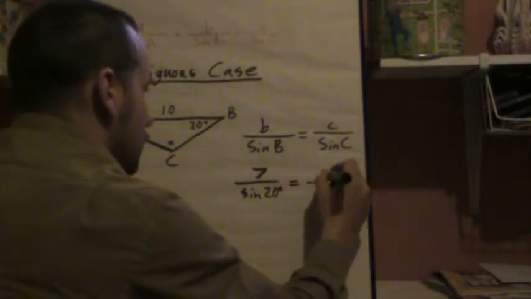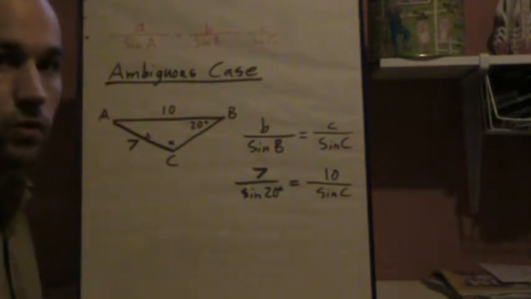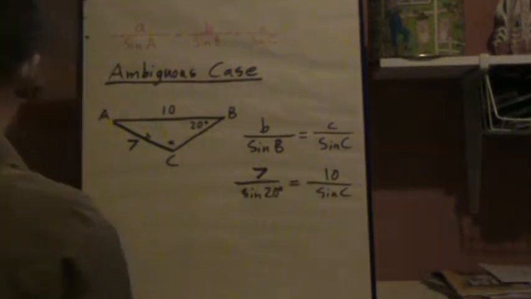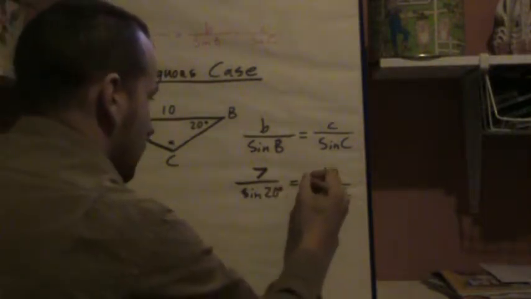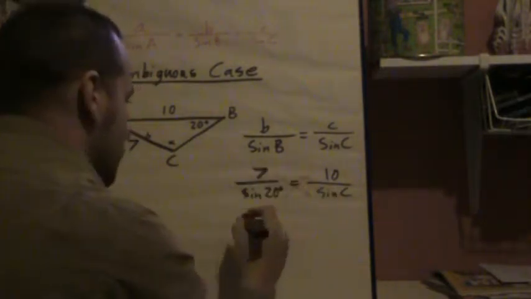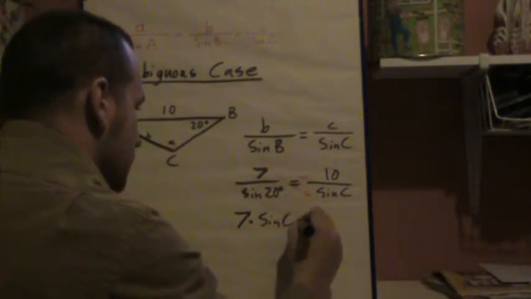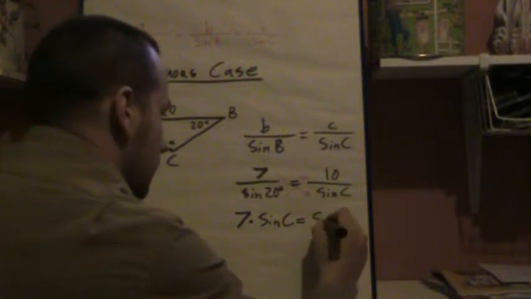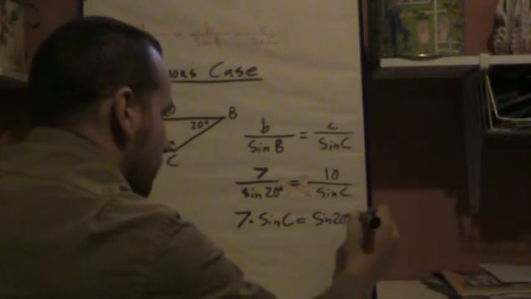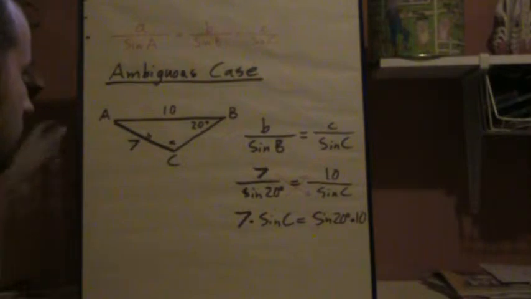So this becomes 10 over the sine of C. We do our cross multiplication here. So 7 times the sine of C is equal to sine 20 times 10. Okay, so there's my multiplication all set up.